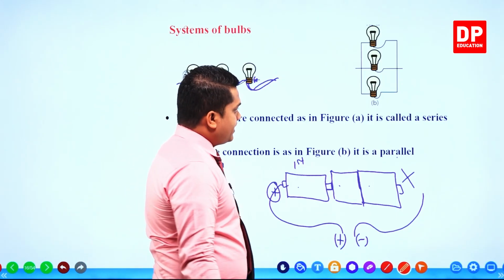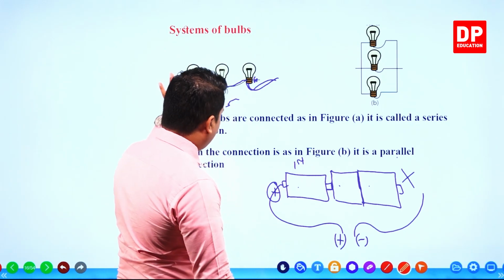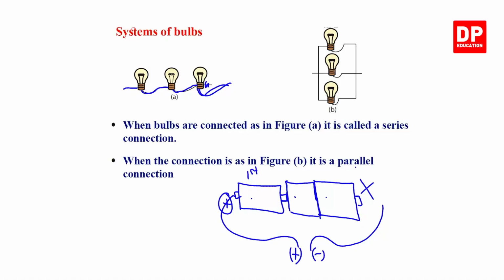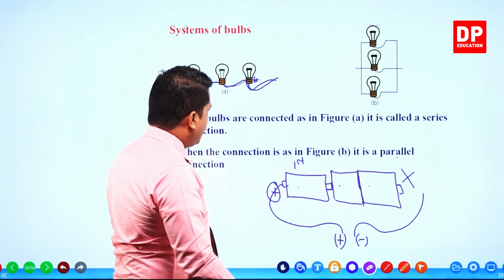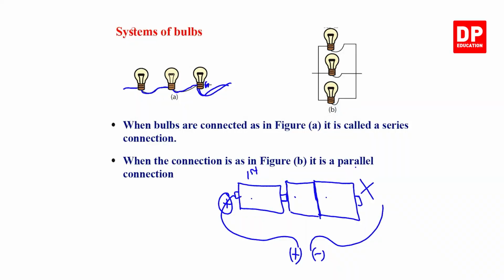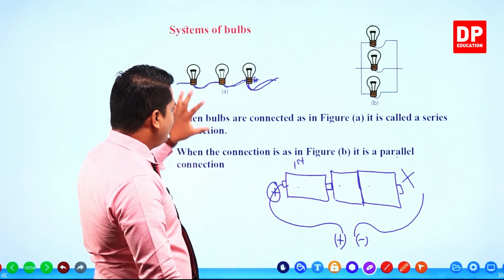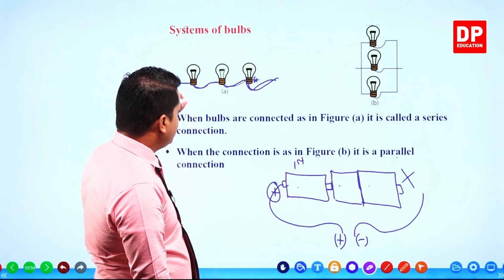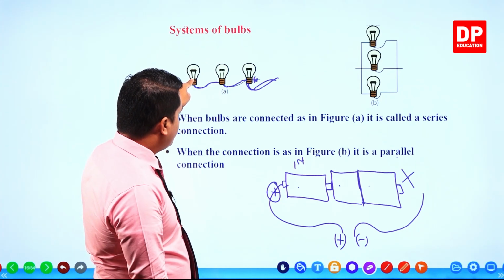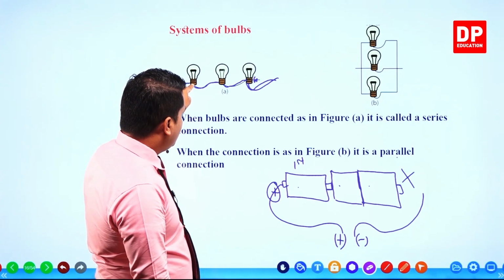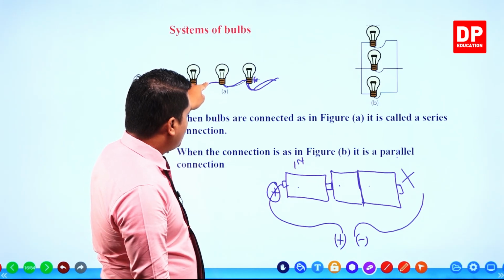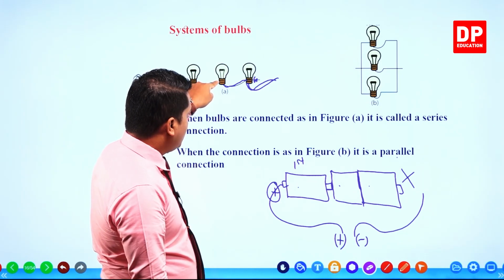In the third case, my dear children, let's explain the first diagram here. In the first diagram, you can see very clearly there are 3 bulbs, not cells. In the first case, one terminal comes from the metallic cover and the other terminal from below runs to the other metallic cover.